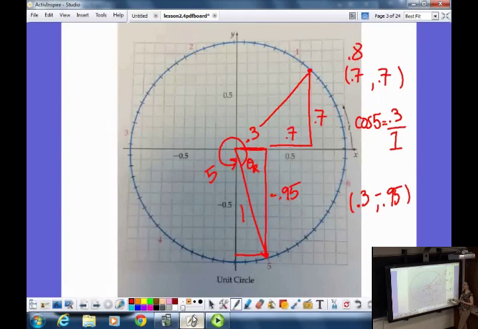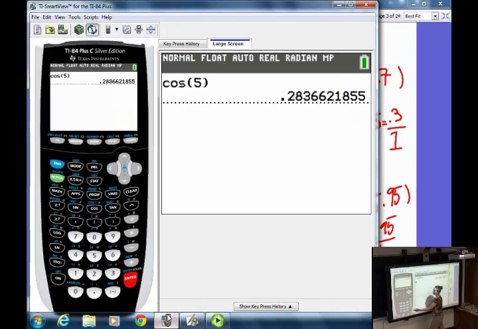So what do you think sine of 5 is? Negative 0.95. Yeah, negative 95/100 over 1. So what do you think we're going to get if we plug that into the calculator?